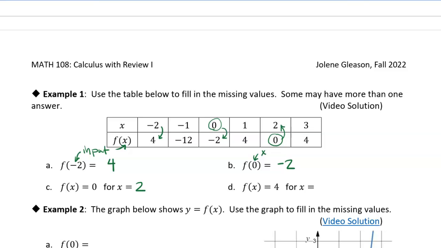We have a 4 here, a 4 here, and a 4 here. So here we have more than one value of x that gives the same value of the function, and that's fine. It's still a function. Just remember, every input gives one output, but you can have the same output value for different input values. So this function is equal to 4 for x equals negative 2, 1, and 3.